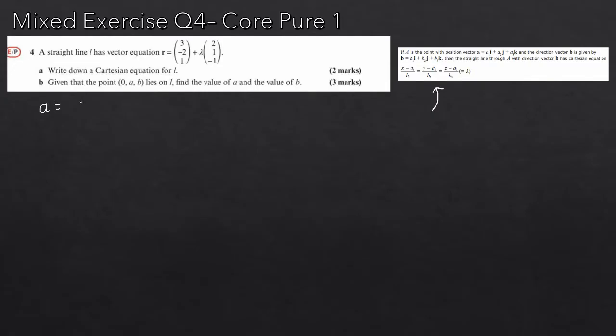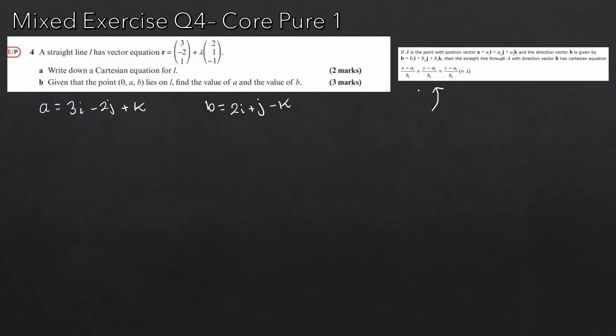It's a1 i, which would be 3i here, plus a2, which would be minus 2j, and finally plus a3, so that's plus 1 lot of k. That's my a. My b, my direction vector, is going to be 2i plus j minus k, just using my direction vector behind lambda. So that's my a, that's my b.